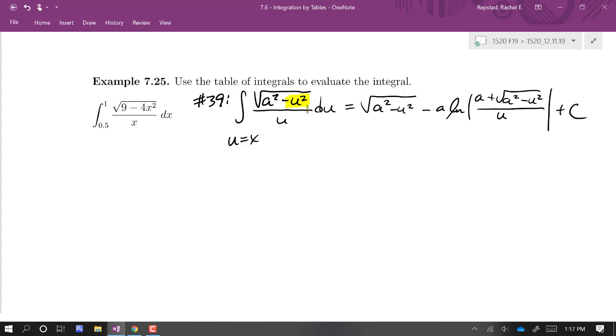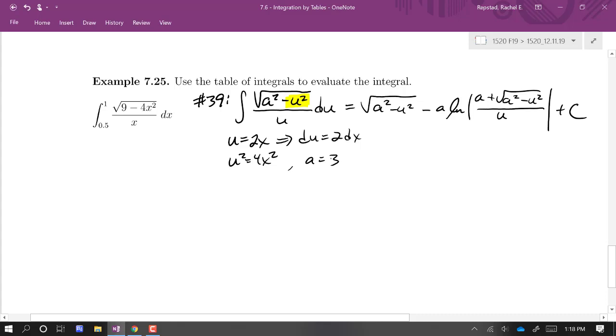Yeah, U is going to be 2X. So then du is 2 dx, and u squared is 4x squared. So that makes, and you said a is 3. Okay. So then that makes the a squared minus u squared work out.